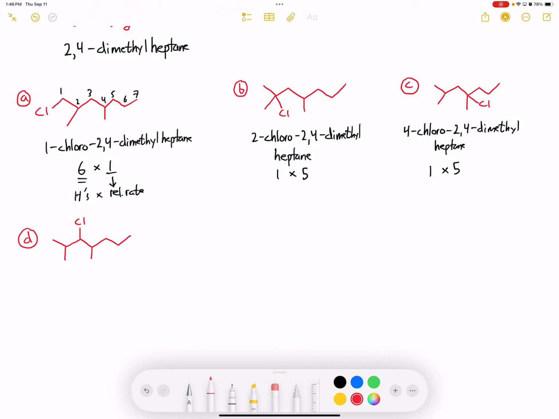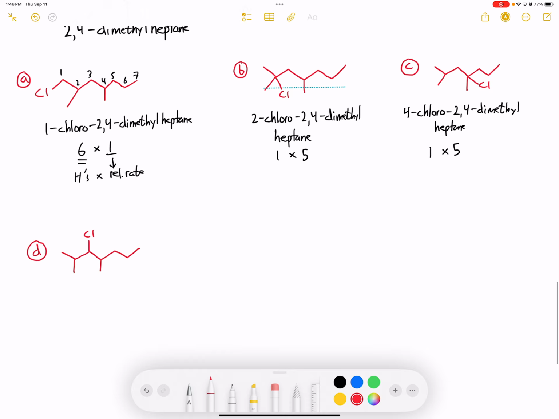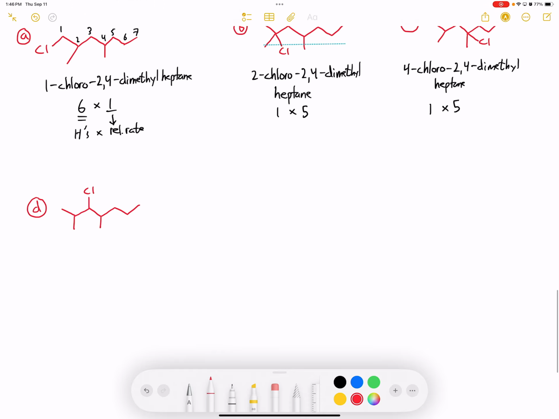What number? 3. Good. Guys, give yourselves a little space here. If you don't have space, that's fine. We could just fix that later. 3 chloro, and then what about the methyls? Are they still the same numbering? Same numbers there? Yeah. Okay.